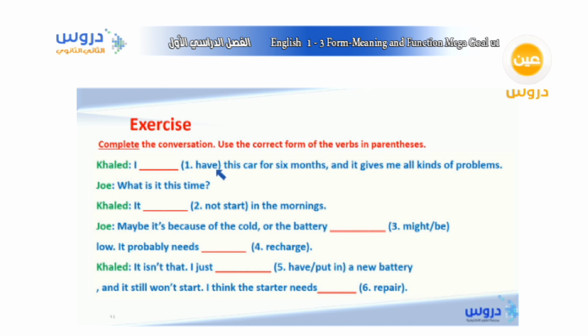Exercise. Complete the conversation. Use the correct form of the verbs in parentheses. Here. Number 1, have. 2, not start. 3, might be. 4, recharge. 5, have put in. 6, repair. I'll give you 30 seconds again to think about these answers. Think about this exercise. Complete the conversation.